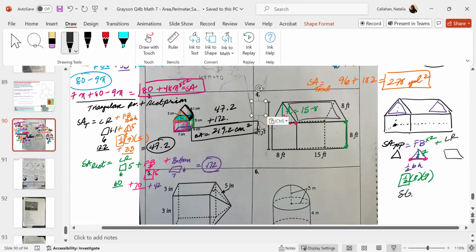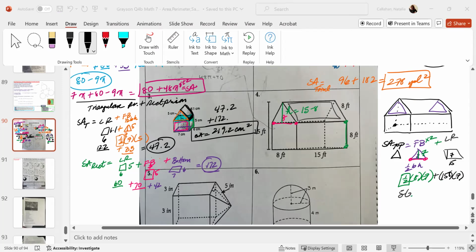No, you're right. It is actually. This is going to be 15. My pen's not working. Right. And then this part right here, you said was 7, correct? Yeah. So what's 15 times 7? 105.